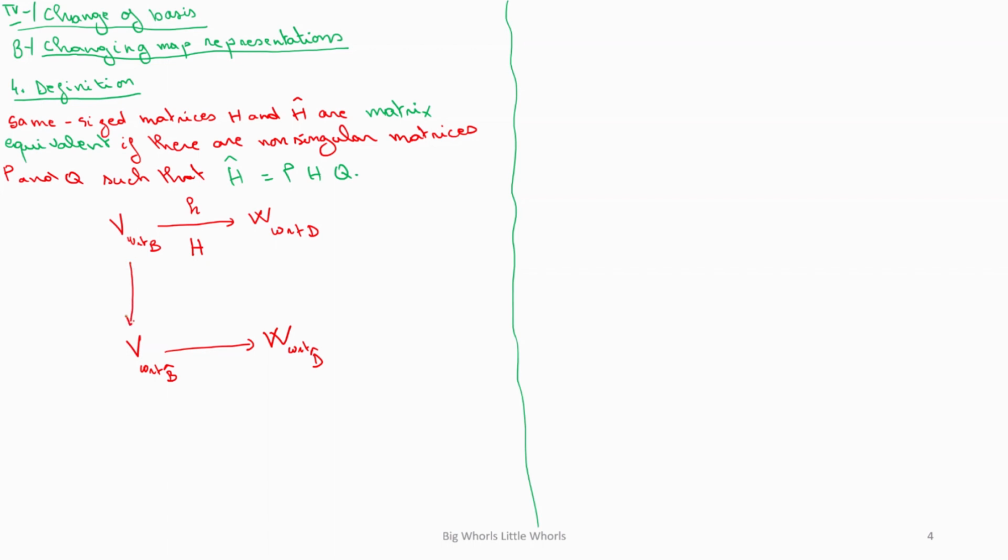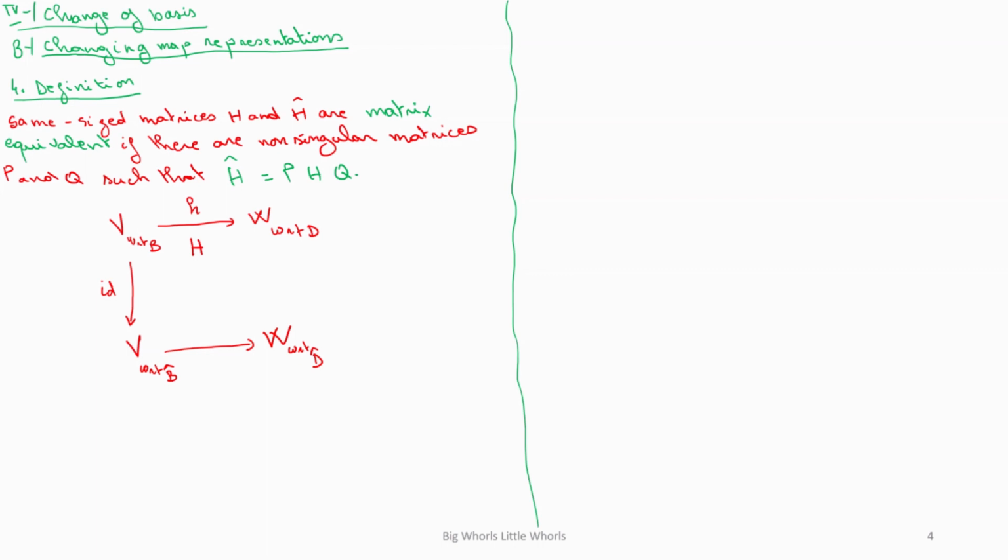And we have also seen that from V to V, B to B hat, we have the identity map. We have seen how to represent a vector with respect to a different basis, and since the vector is not changing but its representation is changing, the underlying map is the identity map, because the identity map doesn't change the vector.